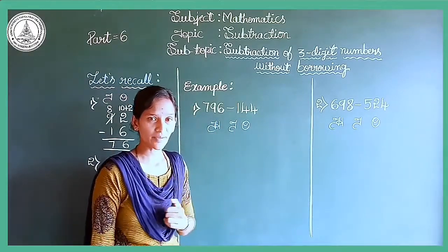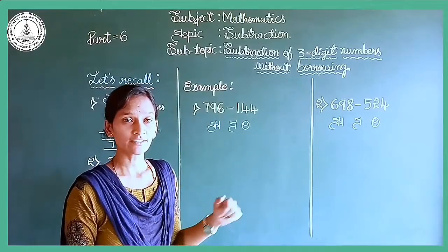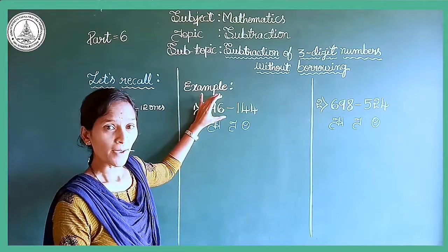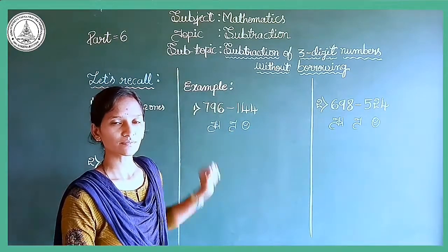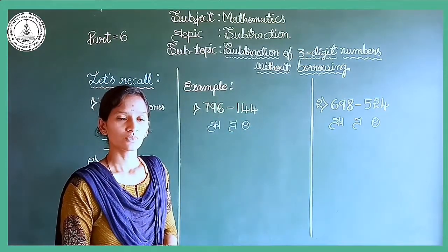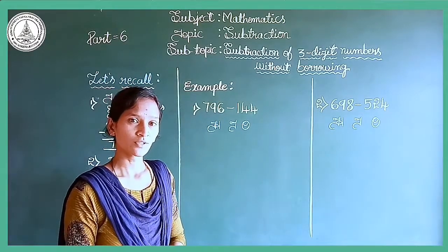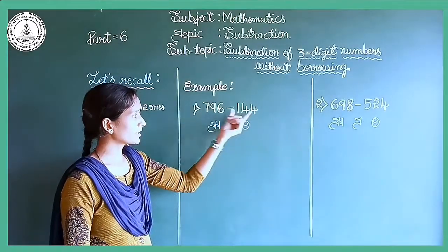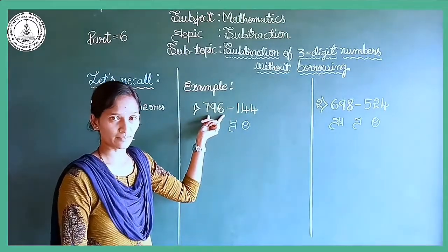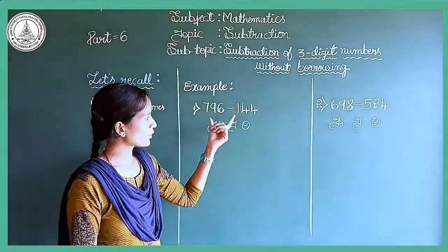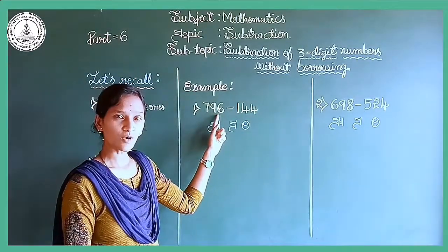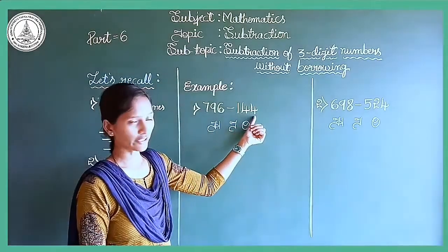What is our first step? You always write the smaller number below the bigger number. Right? So in this problem, which is the big one? 796. The small number is 144.